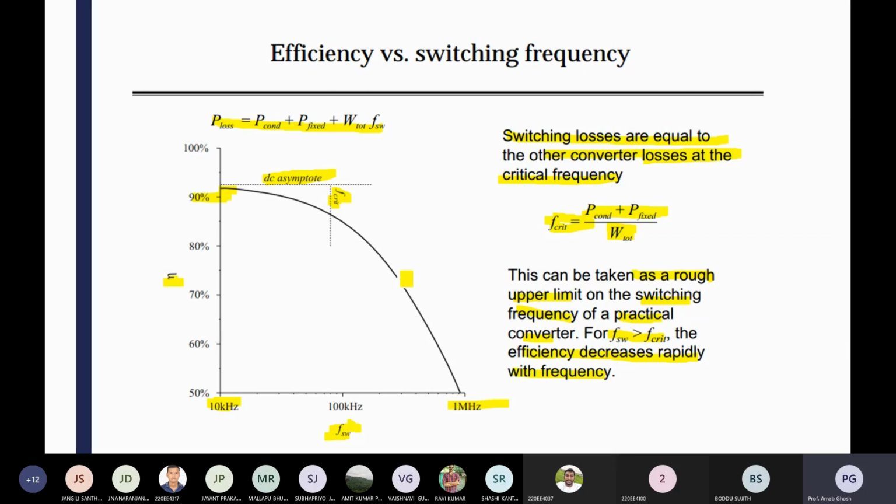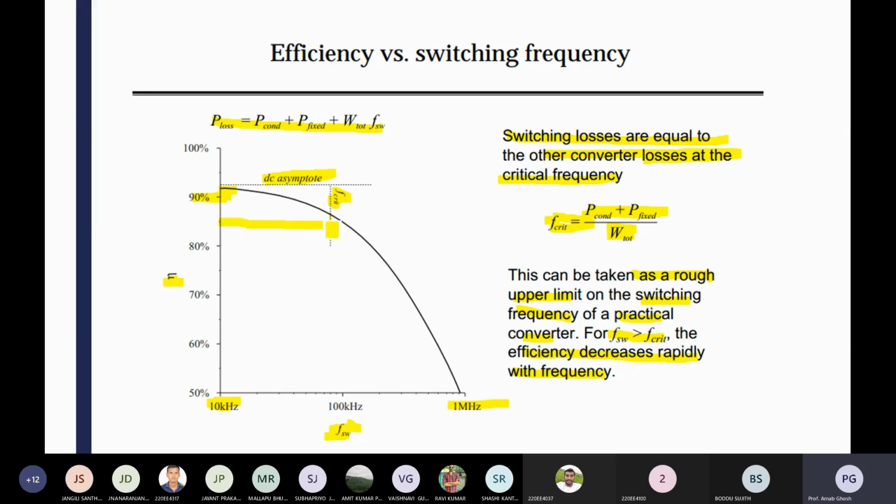How do you get that critical value? From your data sheet, provided by the manufacturing companies. After getting your critical switching frequency, you can select it as your switching frequency, because at that critical frequency the efficiency is more or less 85%.